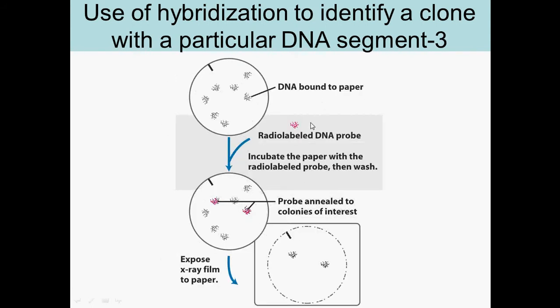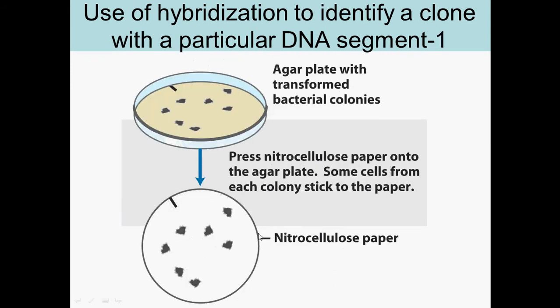And then you use a radiolabeled probe, and the probe will bind to the DNA sequences you're looking for. And you wash everything else off, so only the ones where the probe is there remain. And then you relate this back to these two colonies. So you know these two bacterial colonies have the sequence you're looking for.